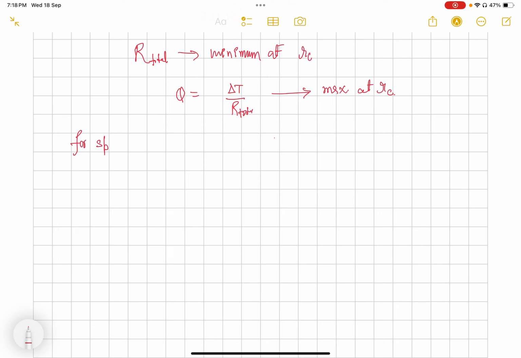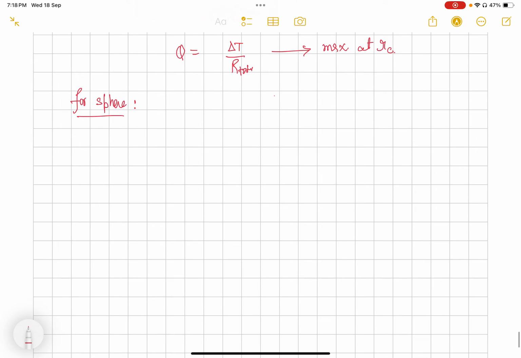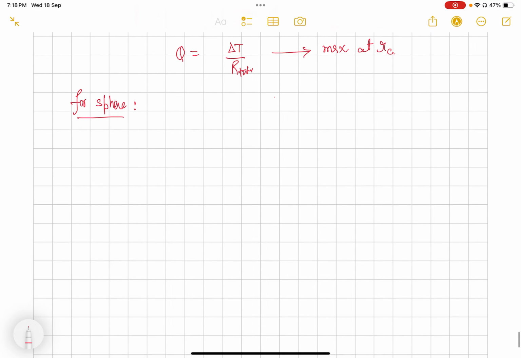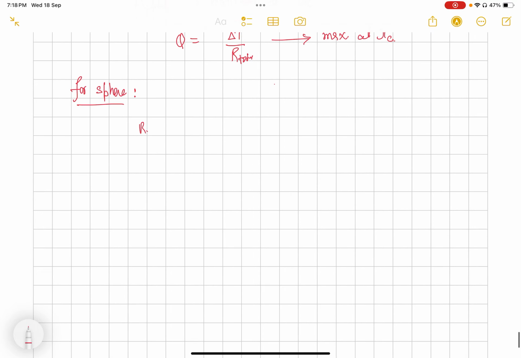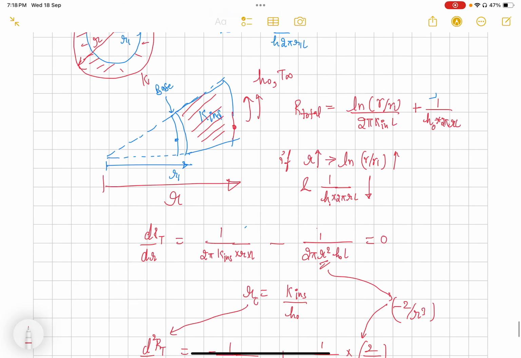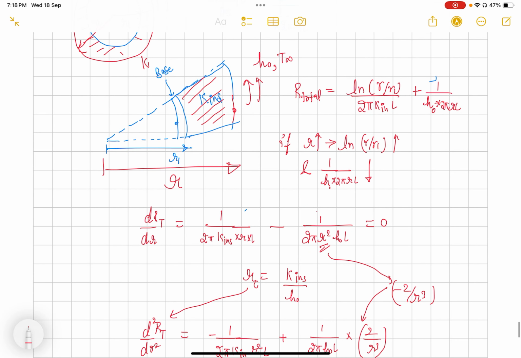For the sphere, again start from total resistance: 1 by 4 pi K insulation times 1 by R1 minus 1 by R. Same figure here.